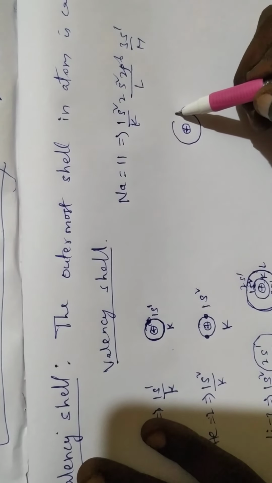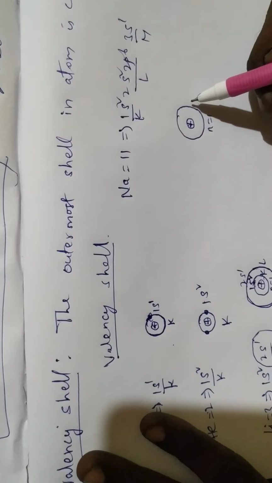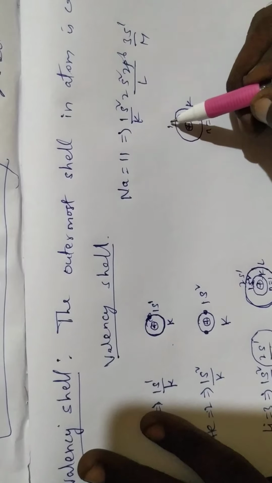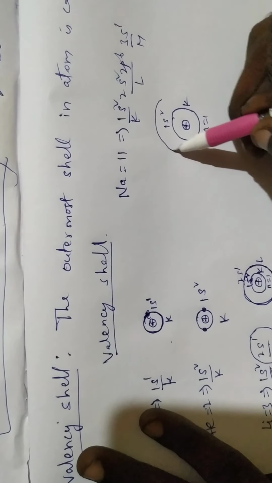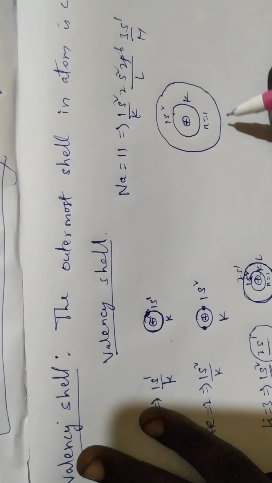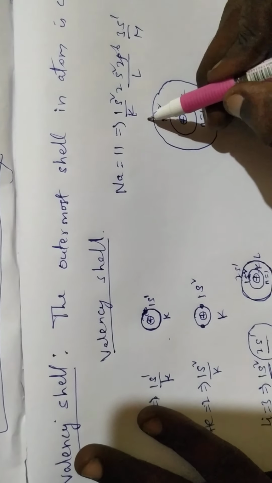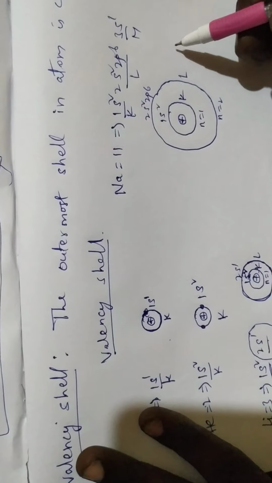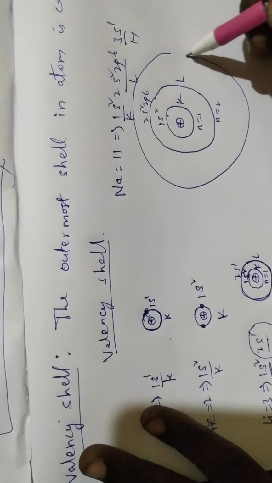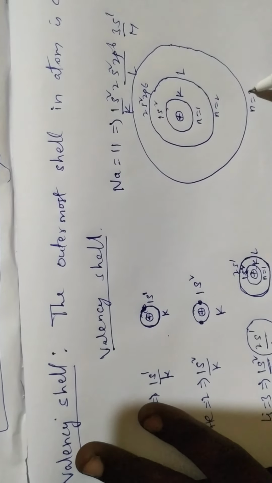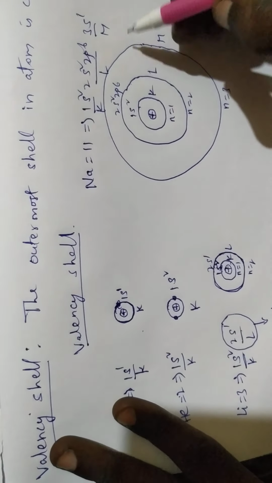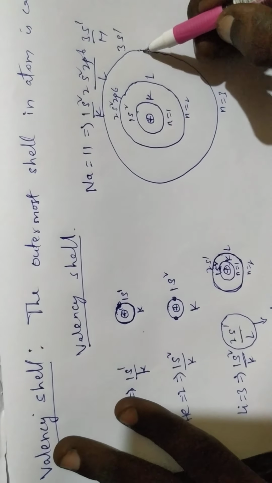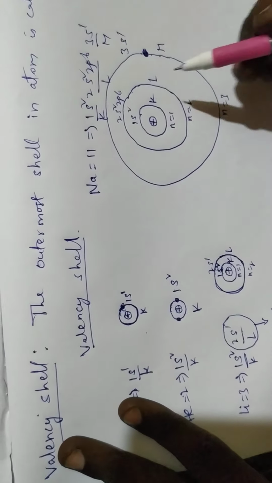This is n is equal to 1, the K shell, 1s2. This is n is equal to 2, 2s2, 2p6, the L shell. This is n is equal to 3, the M shell, 3s1. That is the valence shell.